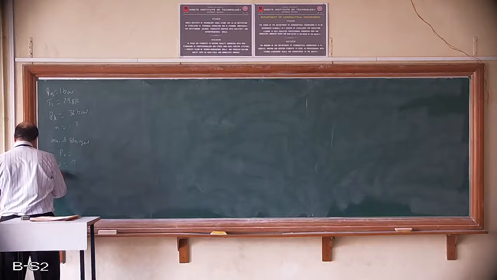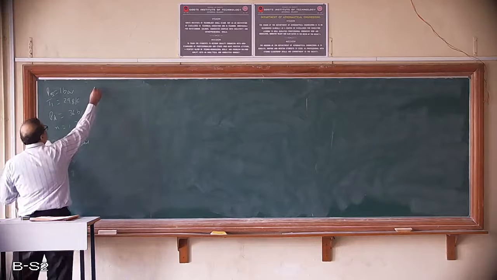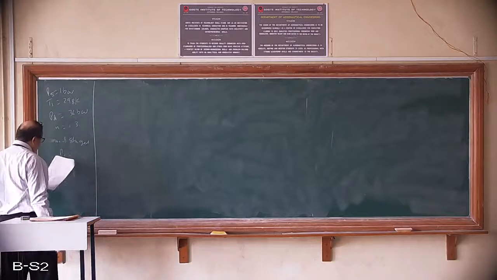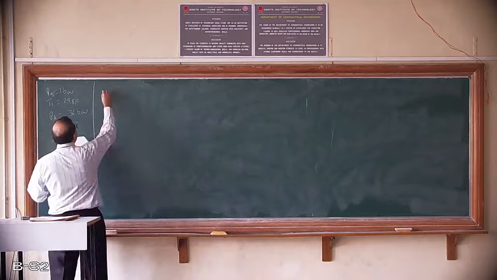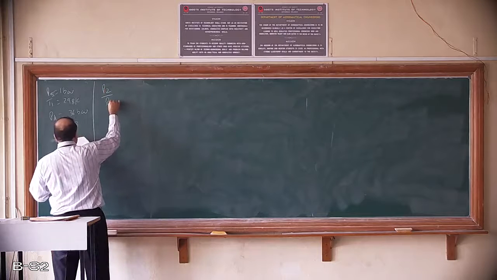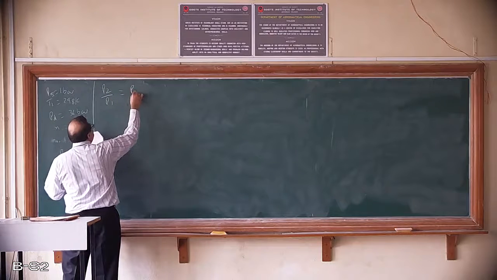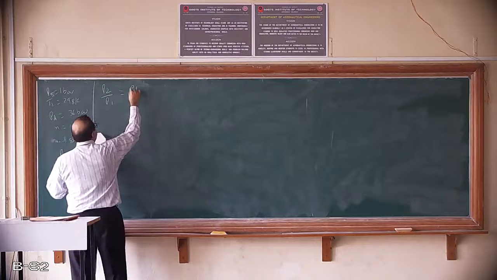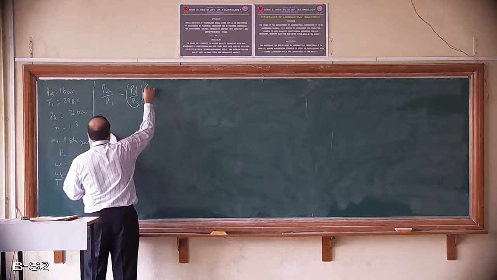So for single stage work done we need to find out, and T we need to find out. So this is all we need to find out. First of all, we know P2 by P1 is PD by PS to the power of 1 by N.